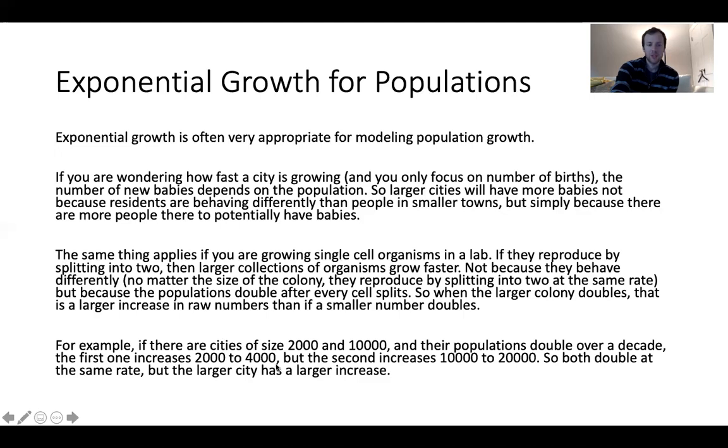So for populations, exponential growth is good because saying if over a decade you're going to increase by 2,000, that's doubling for this size, but is increasing really slowly if you already have 10,000. So you want the amount to depend on how much you have, and that's exactly what exponential growth is all about.